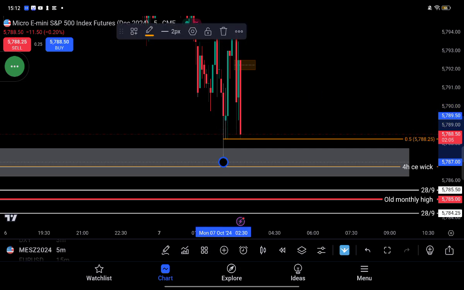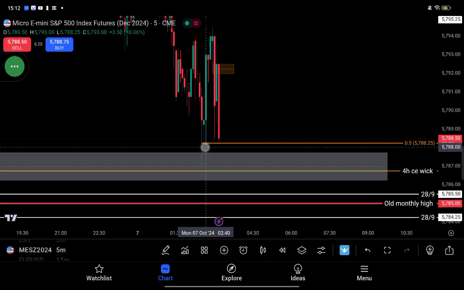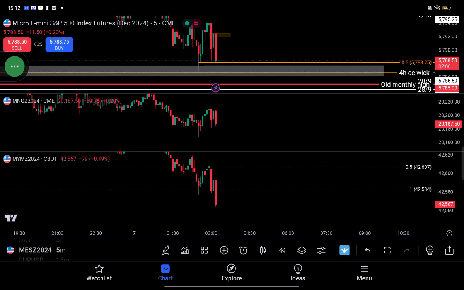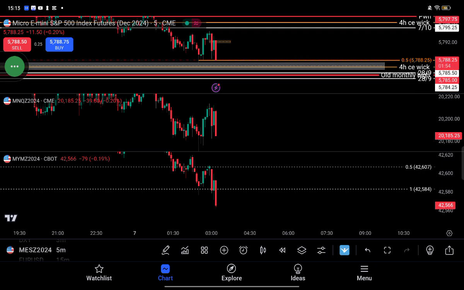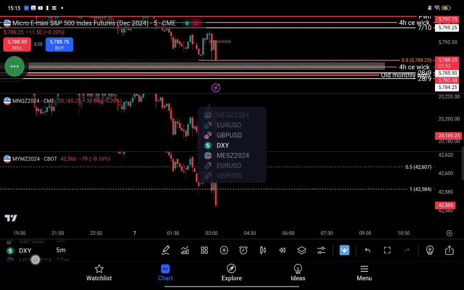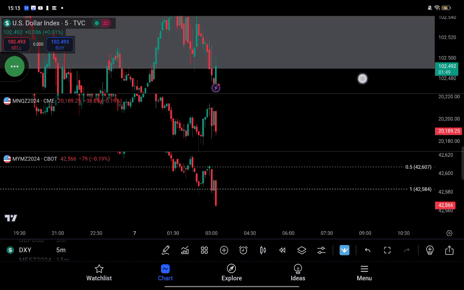Now we see this 5-minute. We are at this 5-minute CE week. I want to see, do we support here? And if we do, and dollar, I'll show you dollar. Look at dollar.